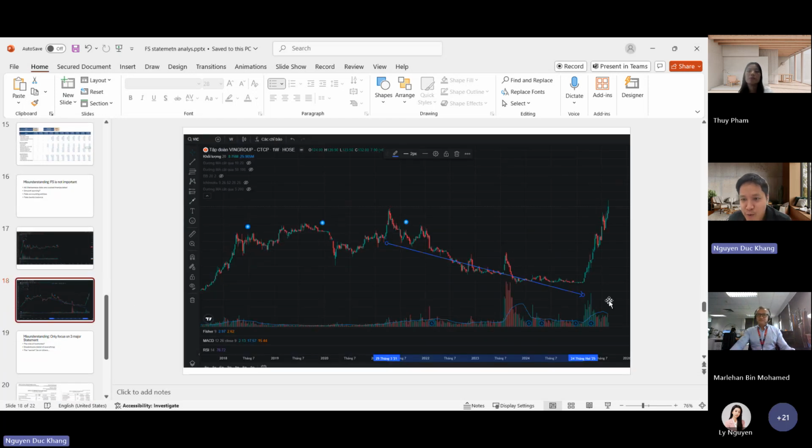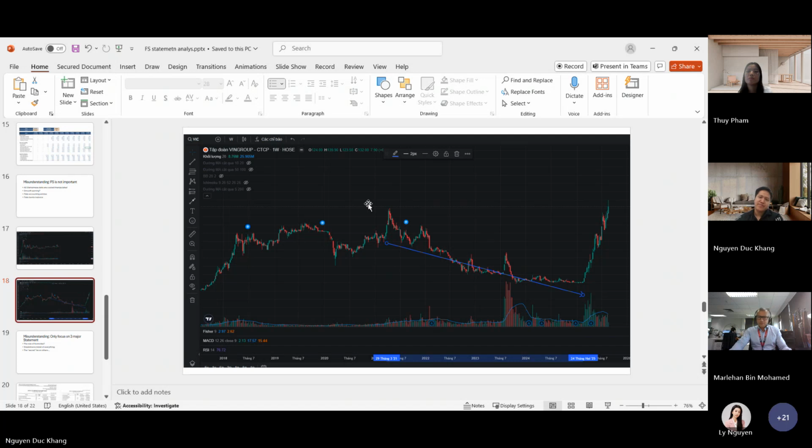And for Vingroup, except for the recent high in the last 2 months, from 2021 to 2025 it all went down, by nearly more than half.